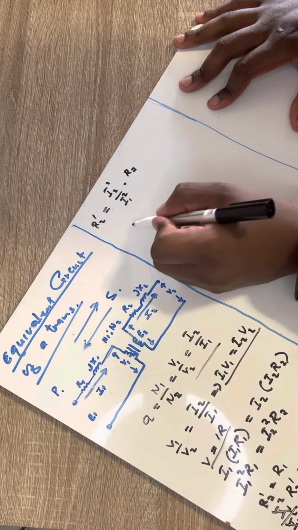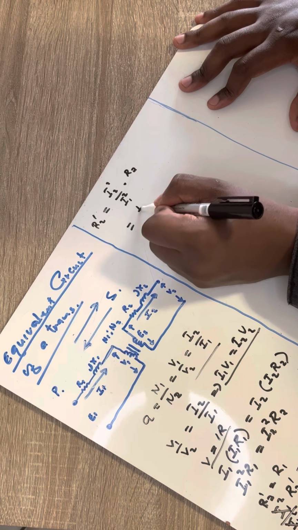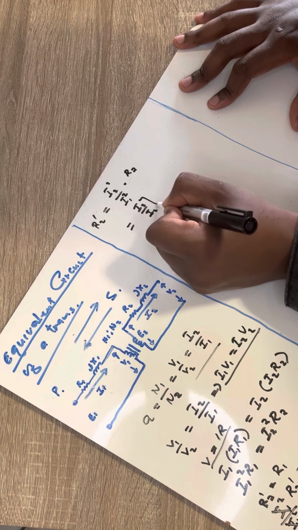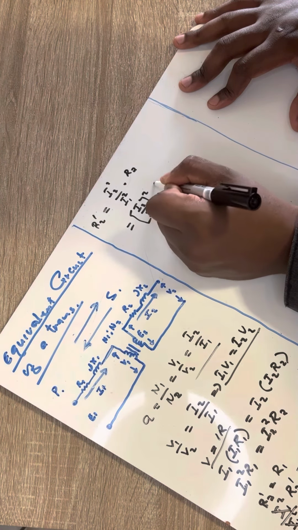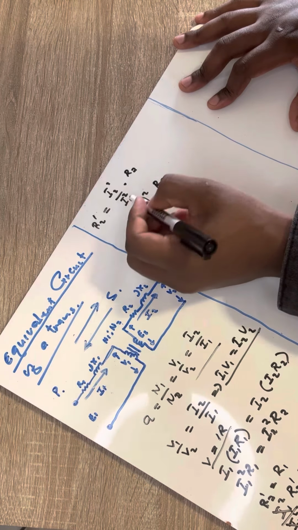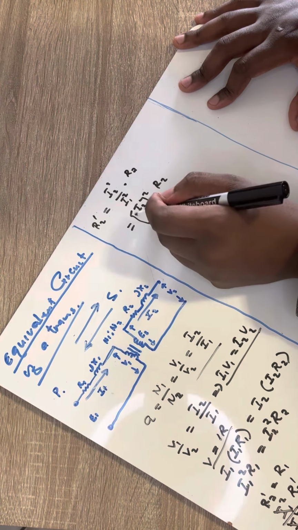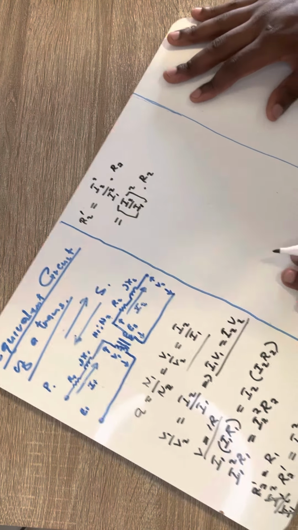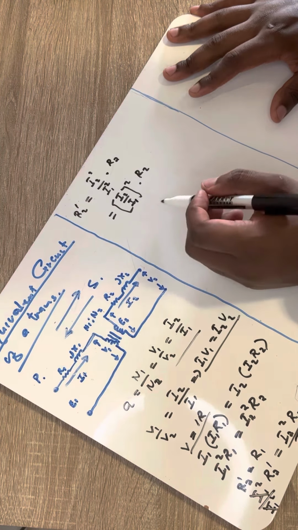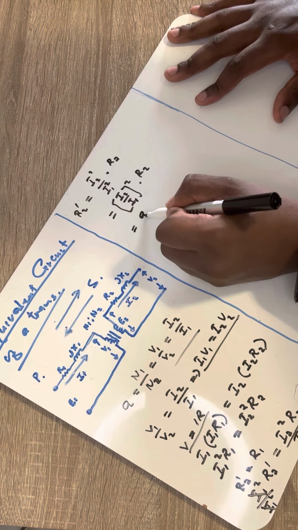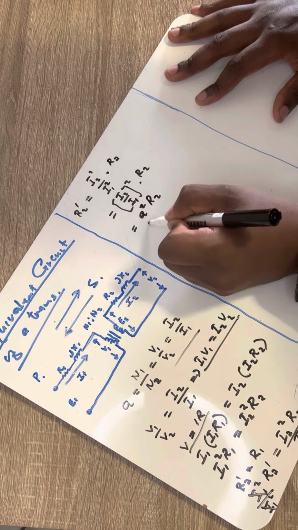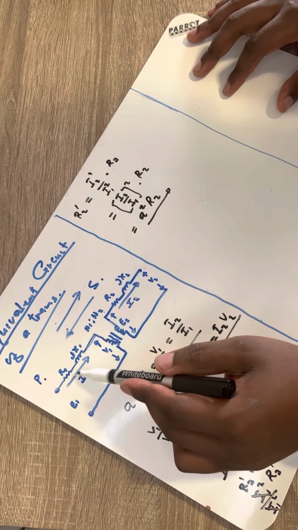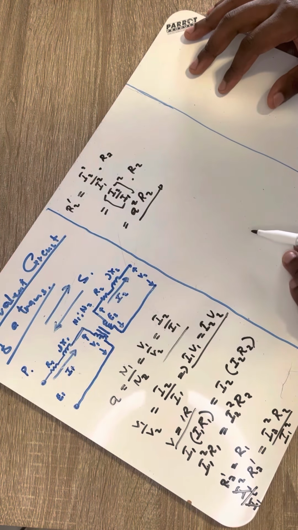So knowing that I2 divided by I1 is the ratio of the transformer, the formula will be A squared R2. So if you want to take R2 to the primary side, this is what you do.